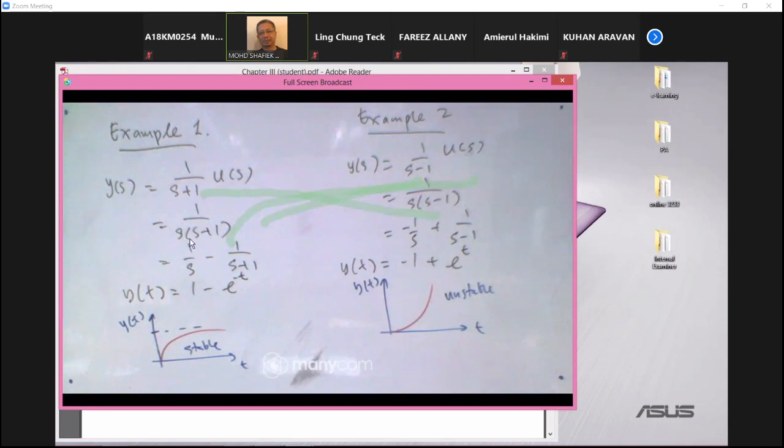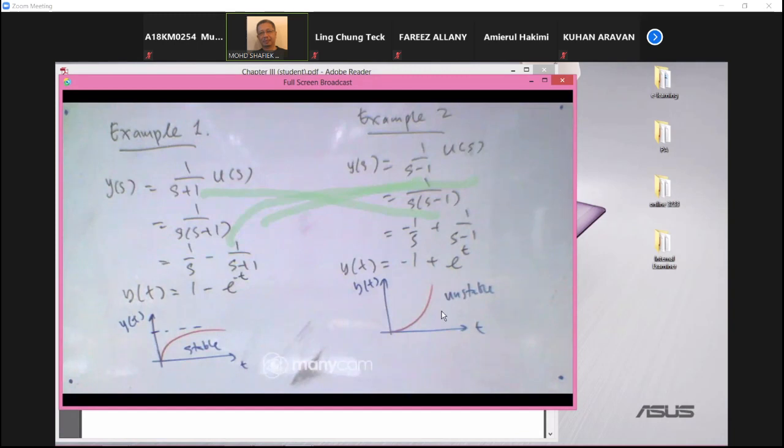Here you have a negative root, -1, but in the second example the root is +1. The roots of the denominator of your transfer function: if you have one positive root, then your system will become unstable.